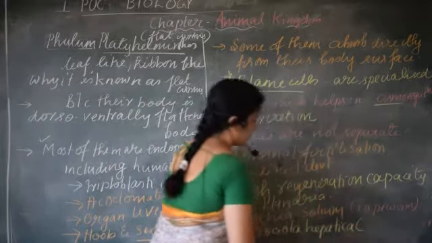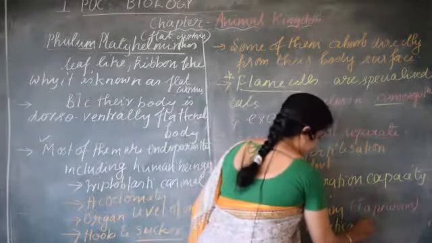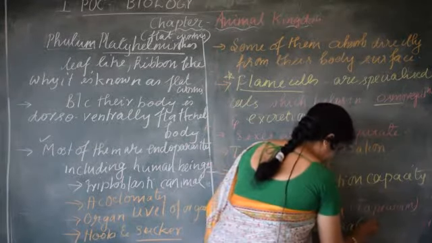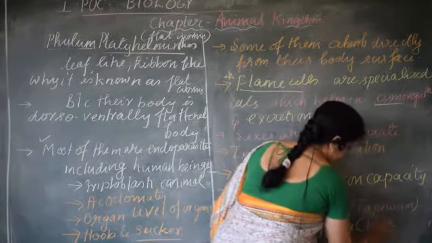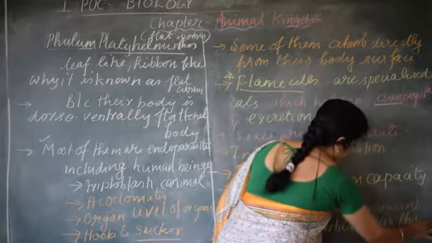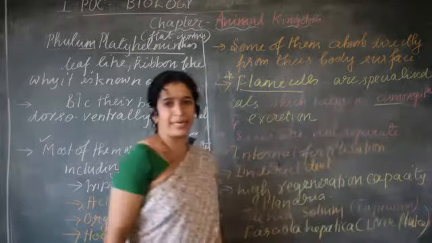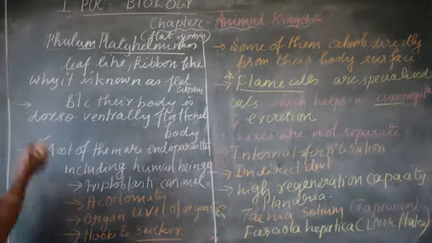So you can remember platyhelminthes as a parasitic form, with many parasitic flatworms, like the liver fluke. Let me revise what is related to platyhelminthes.